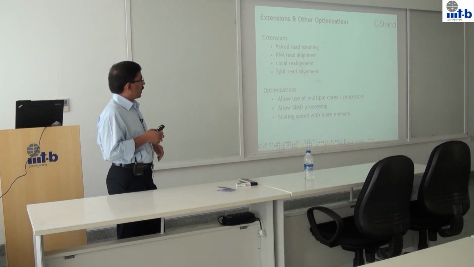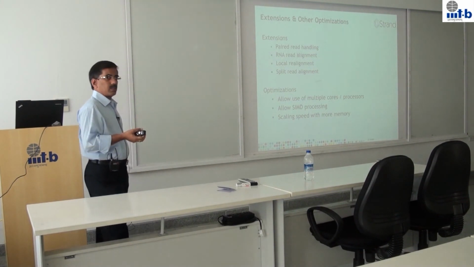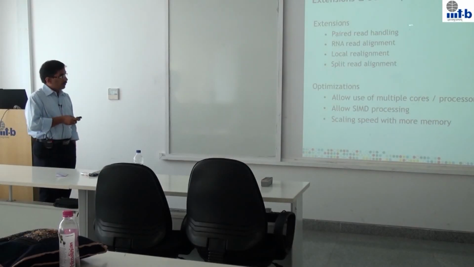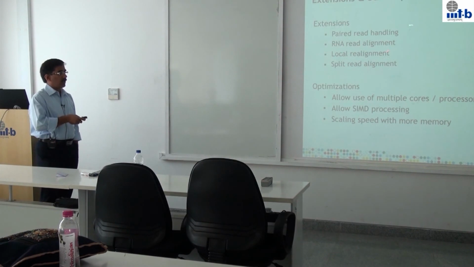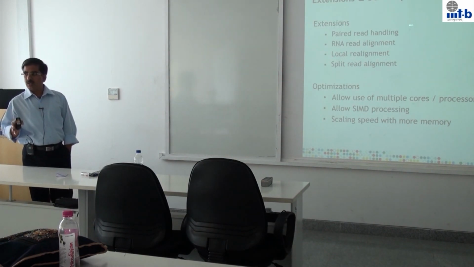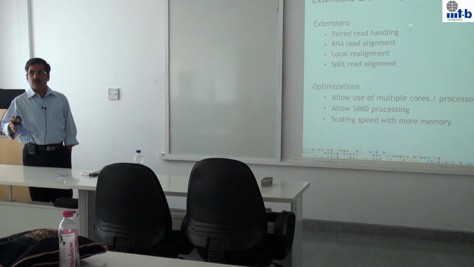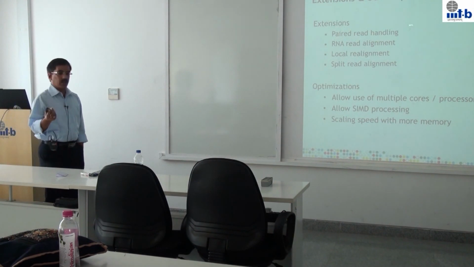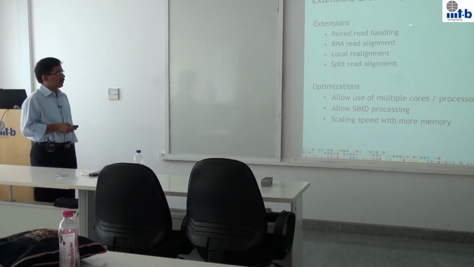When you look at all these reads and try to get a consensus alignment, that is what we do in local realignment. After the original alignment is done, we look at certain regions, take all the reads that are aligned to that region, and arrive at a consensus alignment based on that. So we look at other reads also in this case to adjust the alignment.